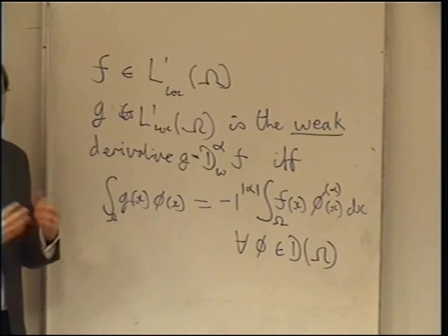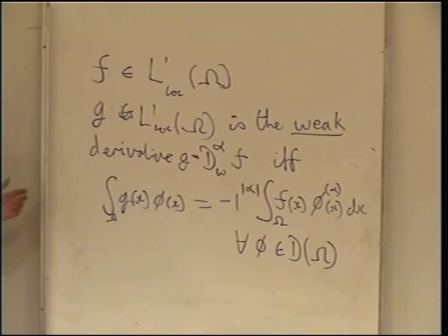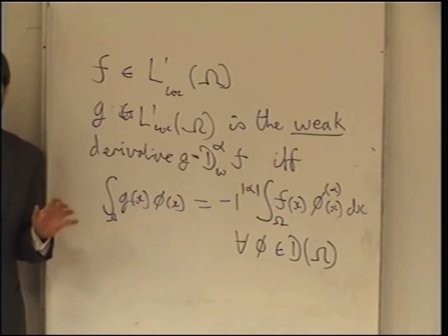Right, so this seems like a really long-winded way of saying I just took the derivative of f and integrated it by parts. But taking the derivative of f and integrating by parts assumes that I've got a derivative of f, and it assumes that I've got a derivative of f which is sufficiently well behaved that the normal integration by parts formula applies. So I don't know that, right? And in particular, I'm interested in cases where f is not differentiable at points.